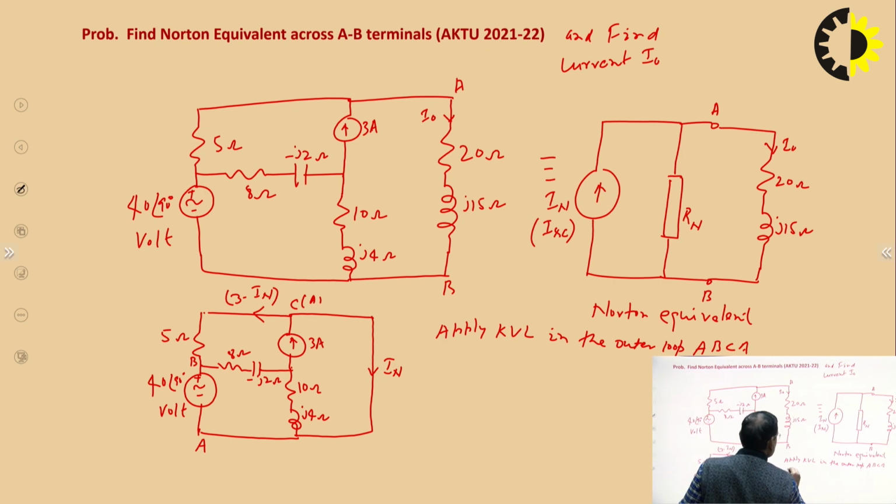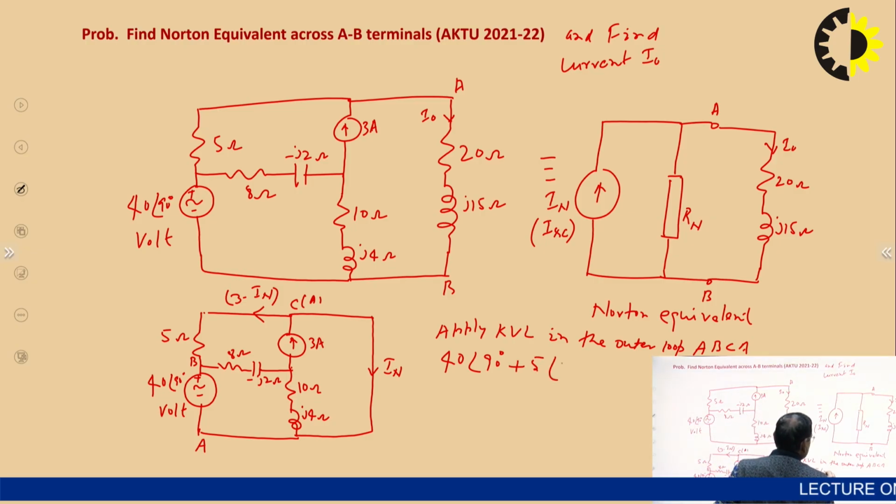So, it is 40 angle 90 degree. Now, the current through this 5 ohm resistor is from C to B, because 3 minus IN is from C to B. So, the drop will be plus 5 times (3 minus IN) equal to 0.